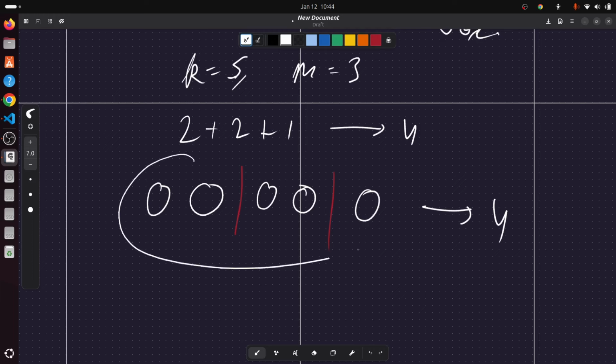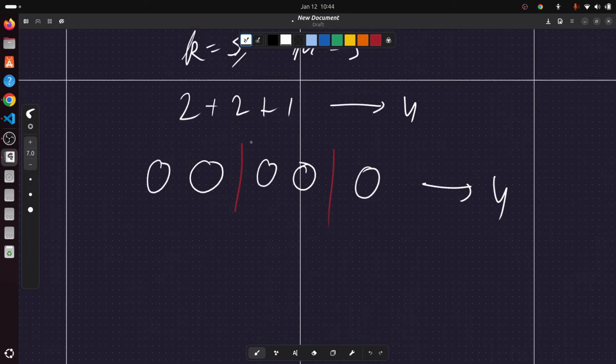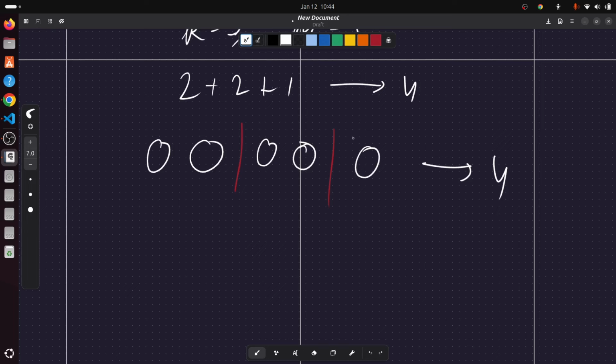In this case I have three different boxes, right? And from each box I have to choose one ball. So one way would be to choose this and this, or maybe we can choose this one and this one, or this one and this one, or this one and this one. So basically we have 4 different ways of choosing the balls, right?